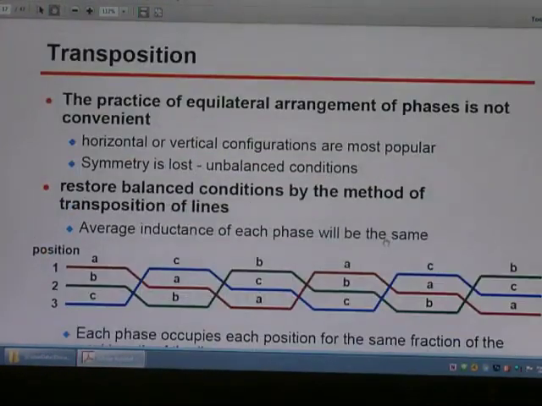And this is transposition. The asymmetrical arrangement of the phases is not convenient, so we restore the balance condition by the method of transposition of lines.